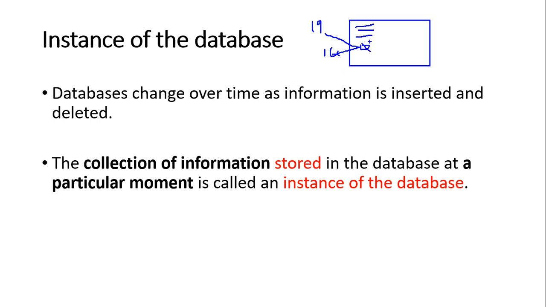So the data has changed over time. At a given particular moment of time, what data is there in a database is called the instance of the database. Instance means at a particular moment of time, what information is there in the database.